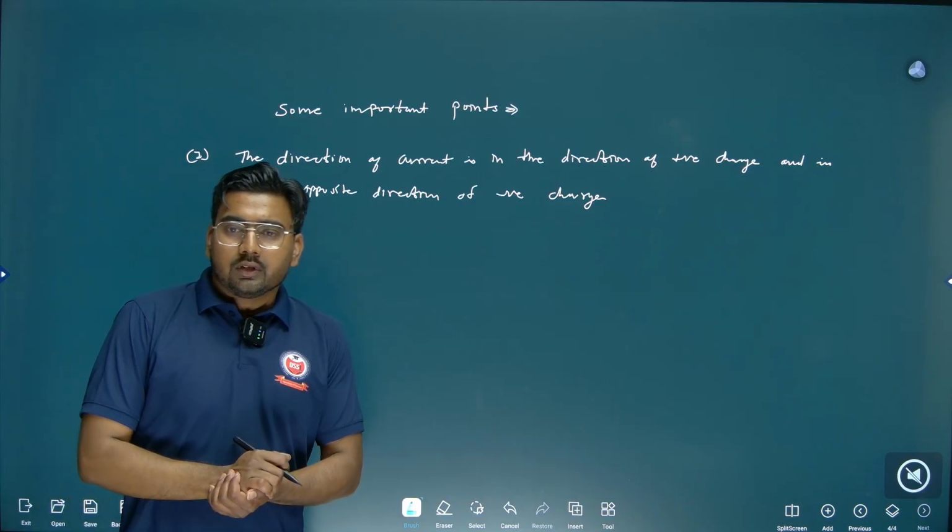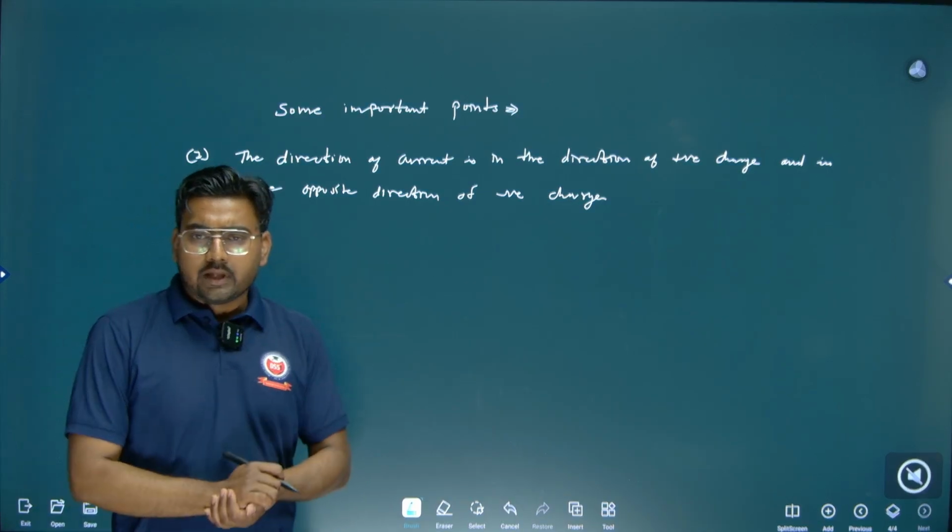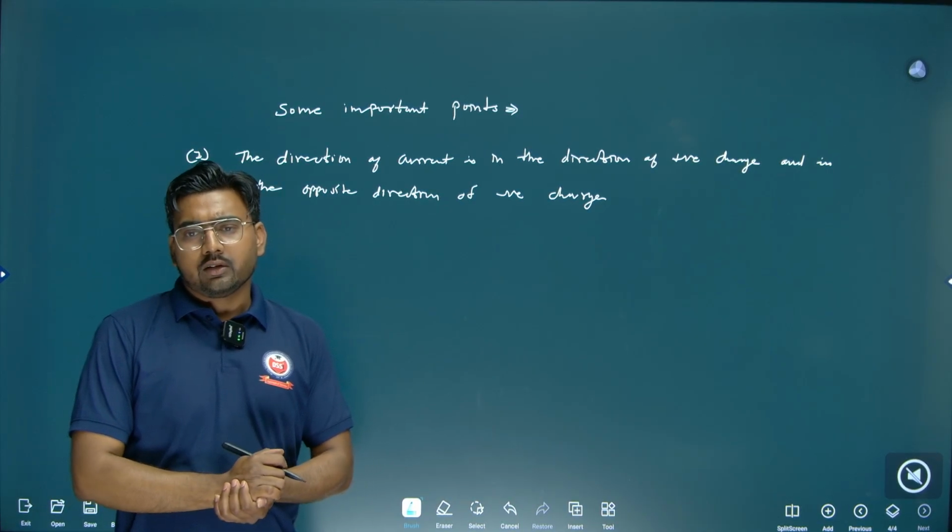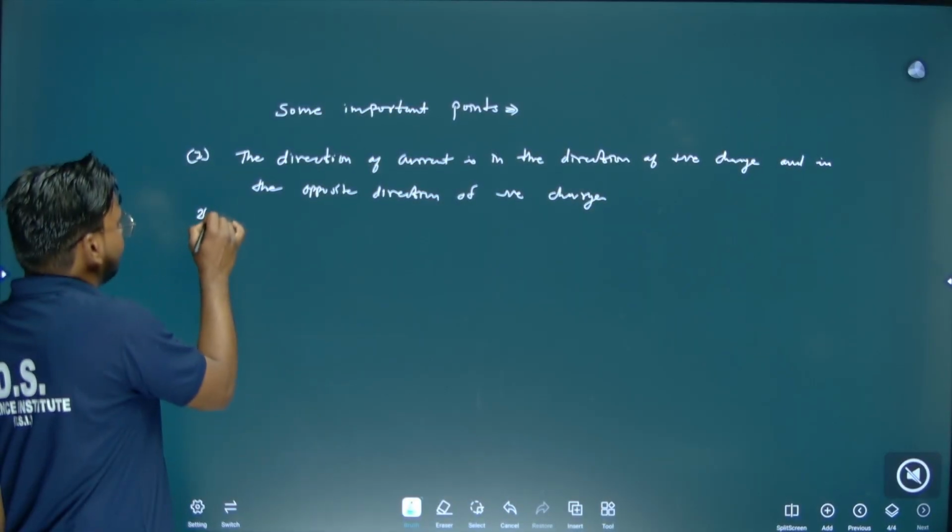So current always flows in the direction of positive charge and opposite to the direction of negative charge.